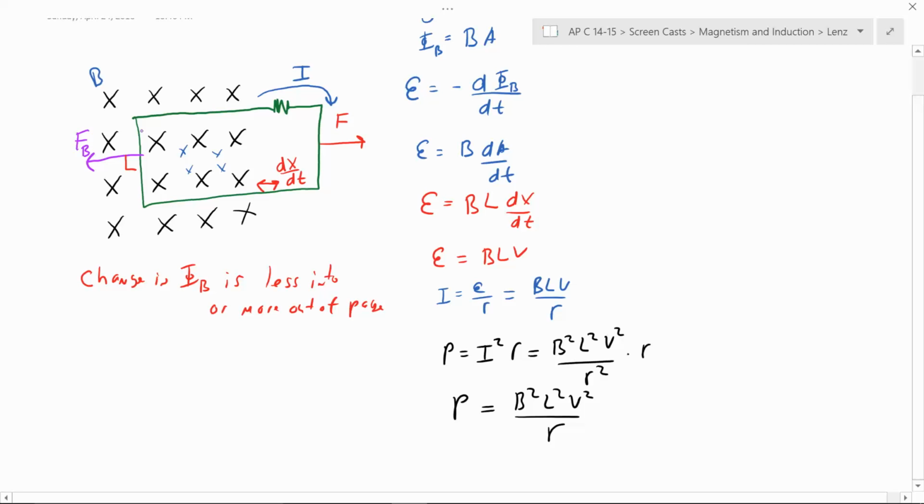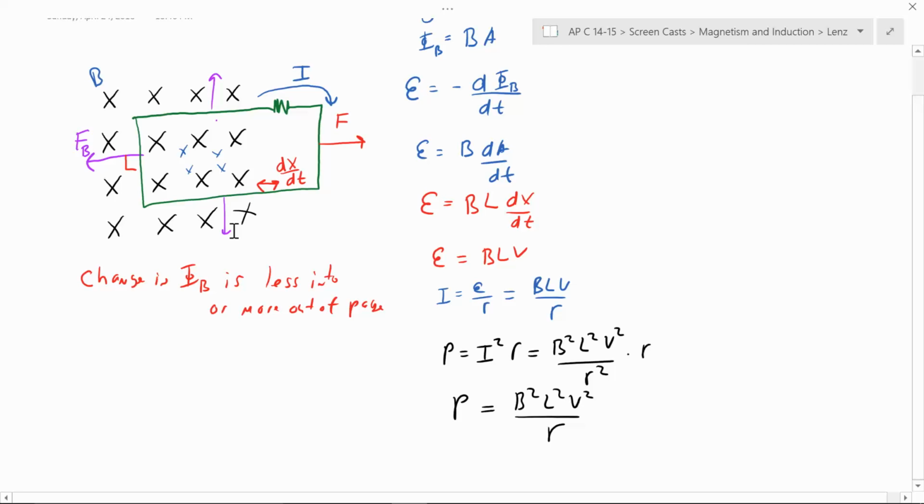The reason there's a force on this part right here that's going down, if you use your right-hand rule and use your current going around clockwise, IL cross B is going to give you a force pointing to the left. And you may say, well, what about here? There the direction of the current causes a force upward, but down here it causes a force downward. So those two, the up and down forces, cancel out.